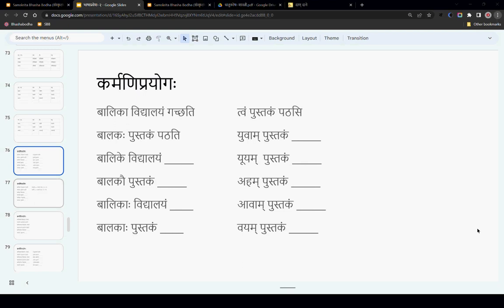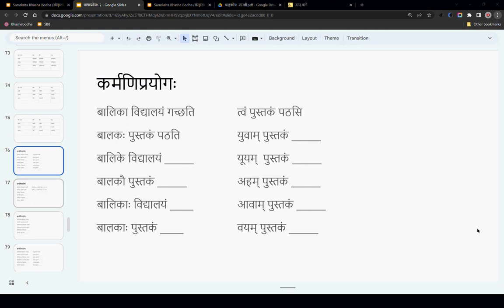But how about he laughs? So how do you convert that into passive voice? Laughing is done by him.